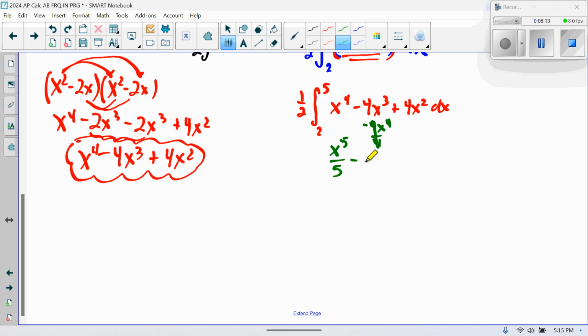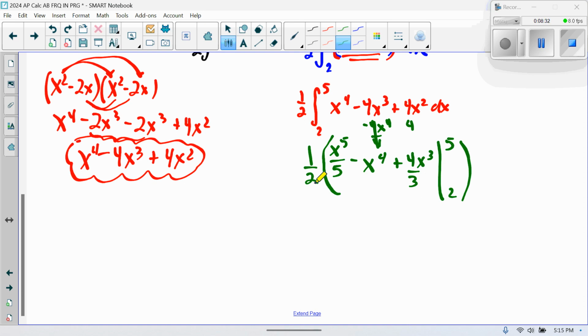So the 4's cancel. That's just minus x to the 4th, plus 4x cubed over 3. And I want that from 2 to 5. And by the way, when everything's all said and done, I'm still going to multiply it times 1/2.